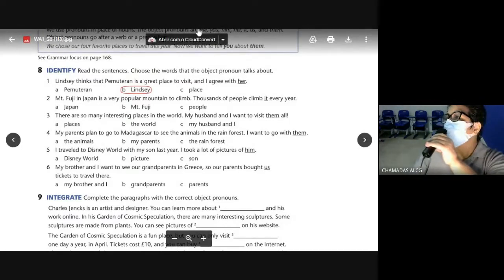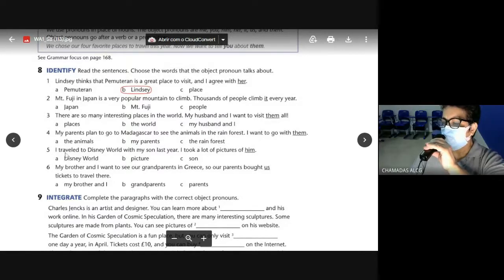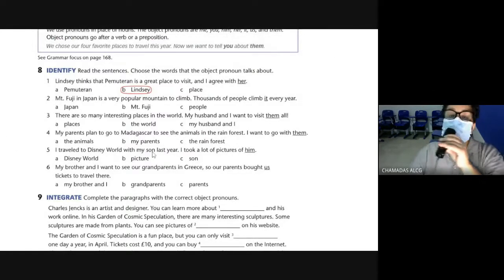Okay, people. Did you get all the answers? Yes? Só não entendi direito a number 5. Okay, so let's see number 5 again. I traveled to Disney World with my son last year.